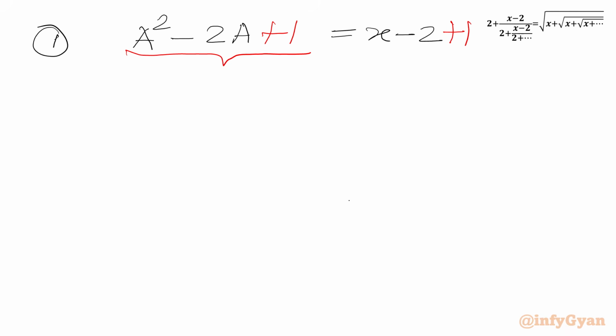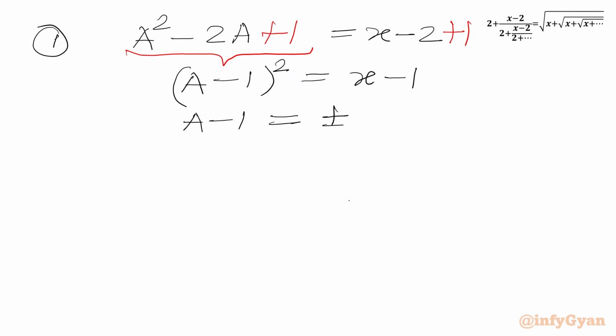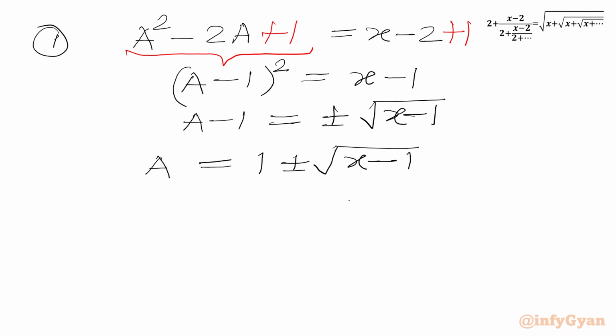Now the LHS will give us a perfect square, (A minus 1) whole square, equal to x minus 1. Now we will take the square root of both sides. So A minus 1 will be equal to plus minus the square root of x minus 1. Now we will add 1 to both sides to get the value of A. A will be 1 plus minus the square root of x minus 1.